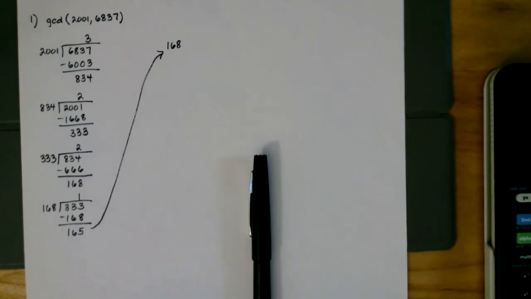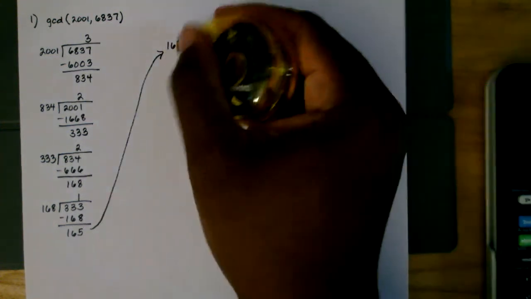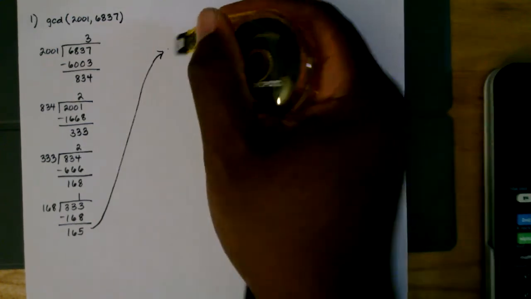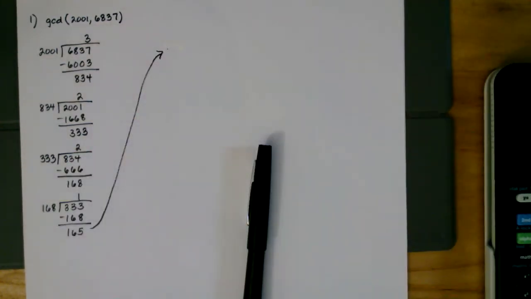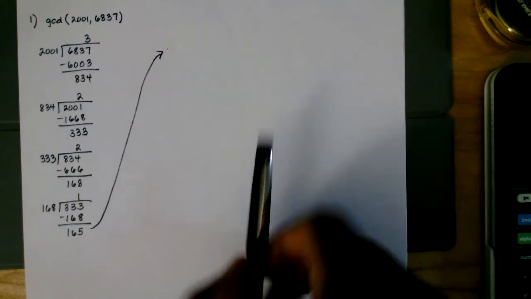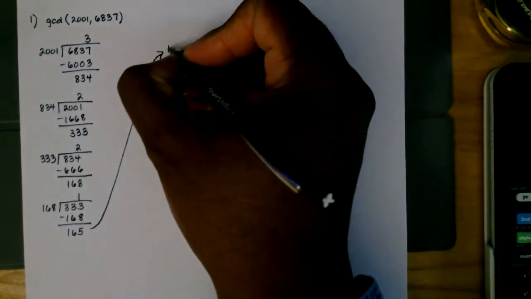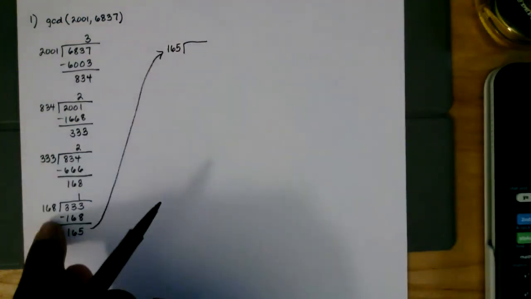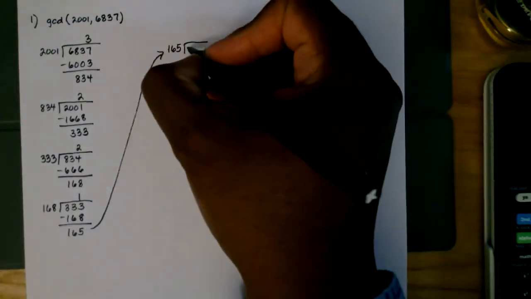That should be 165, not 168. Okay, 165 is going to be the divisor. The 168 is going to be my dividend. So the 165 goes into my previous divisor, 168.